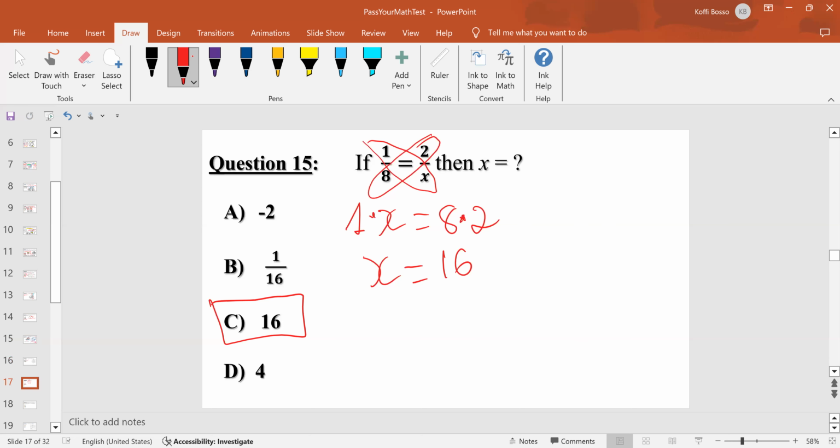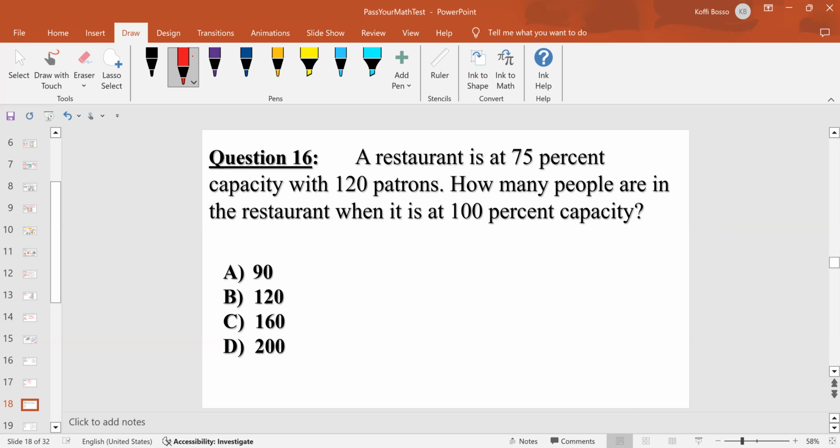Question 16. A restaurant is at 75% capacity with 120 patrons. How many people are in the restaurant when it is at 100% capacity?